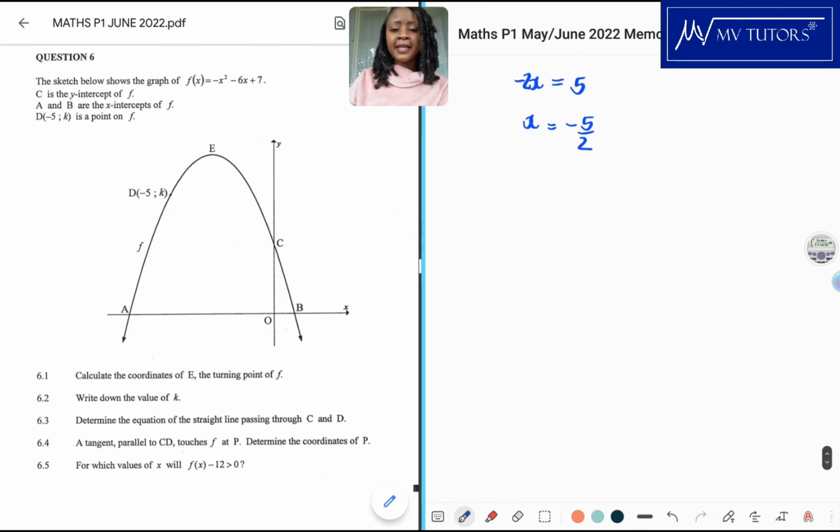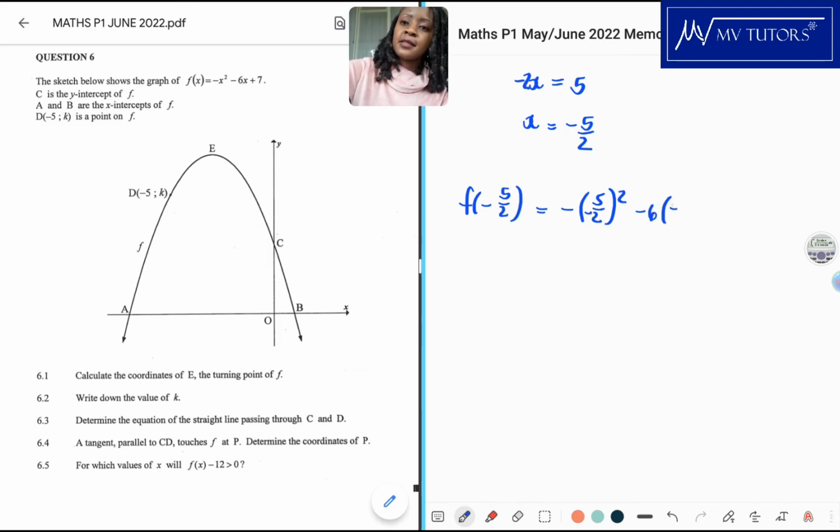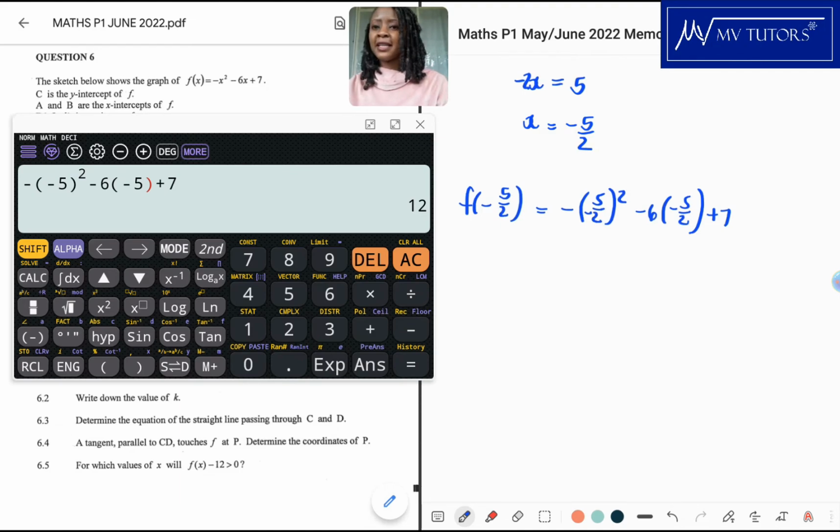Then we're going to take -2,5 and substitute it back into the equation. So -2.5 squared, minus 6 times -2.5, plus 7. And then we take our calculator. At least we still have that -5/2. That's the nice thing about not deleting things on your calculator. So 15,75.